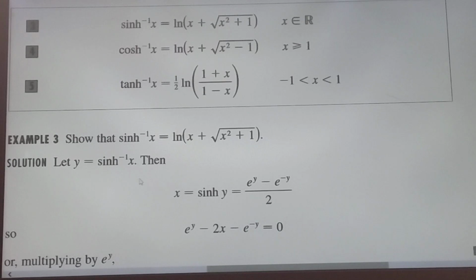Then if y is the inverse of sinh x, so if I want x, what must be my y? It simply means that where there is x, you put a y, but it's no longer an inverse. This is how you rewrite this statement. So this statement can also be written as x equals sinh y.